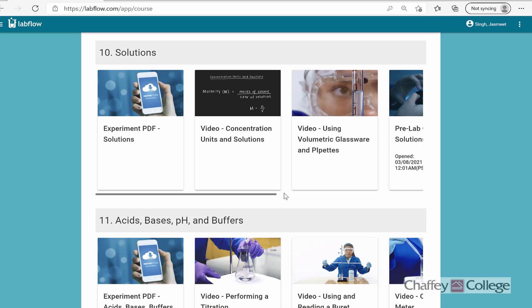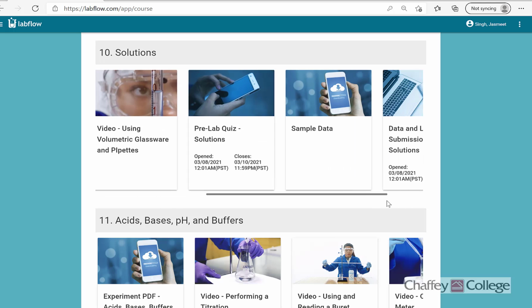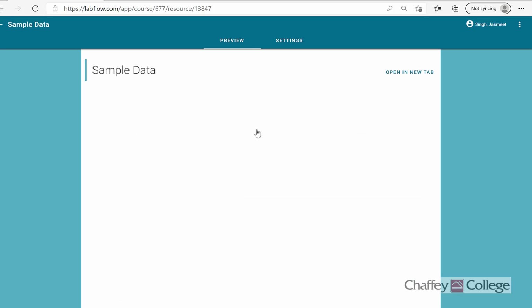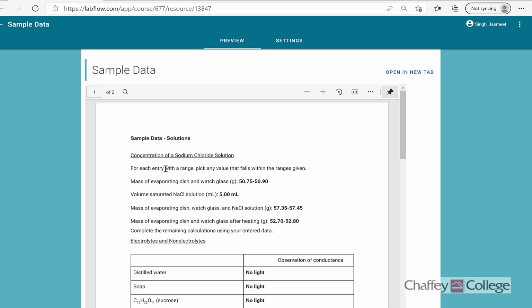Before we learn how to plot a graph, let's take a look at the data. The sample data needed to complete the lab report is given in this tab. So let's open it, and you will see that we have sample data for all 3 parts. For part 1, we are calculating the mass over mass percent of solute sodium chloride, so all the mass values are given.